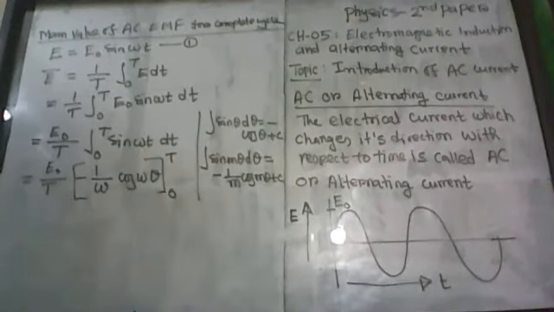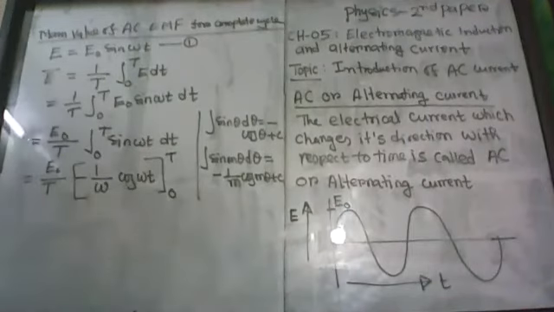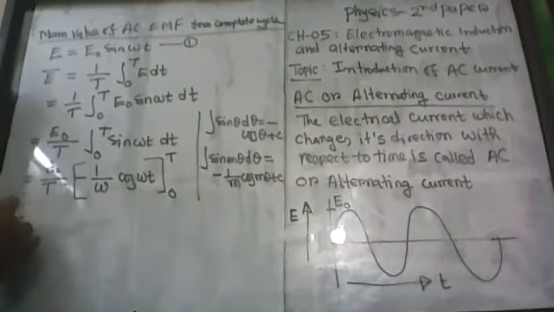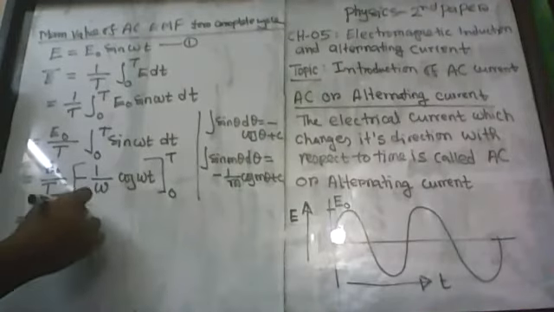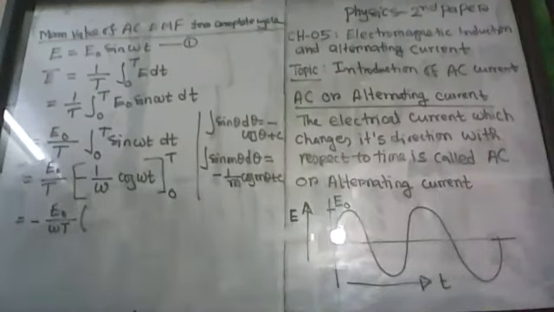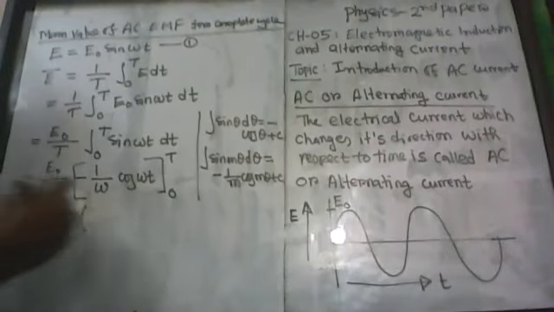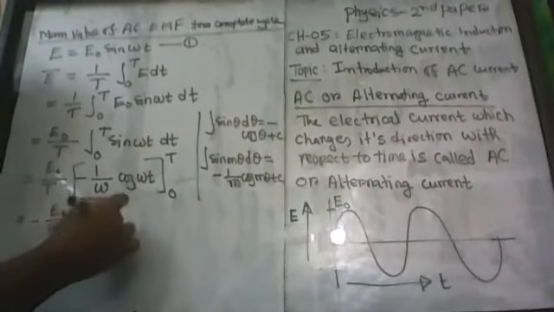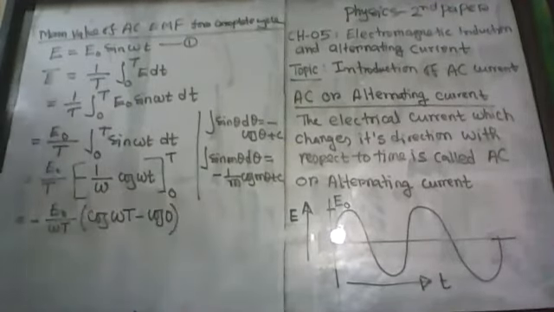So you can write minus E naught divided by omega T. In the place of small t, at first replace the upper limit, that is capital T, then the lower limit, that is 0. So you can say cos omega into capital T minus cos 0, because 0 into omega t equals 0.